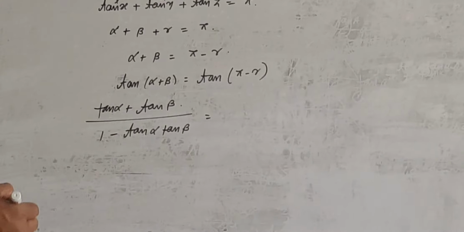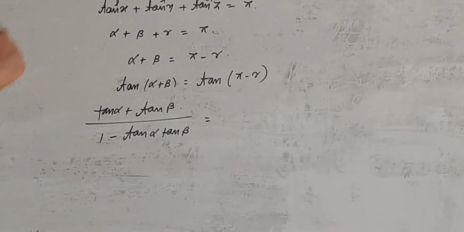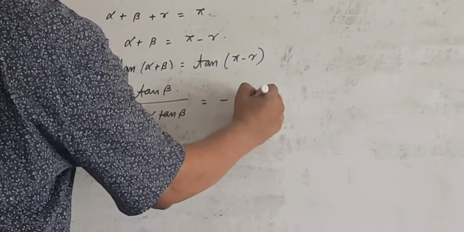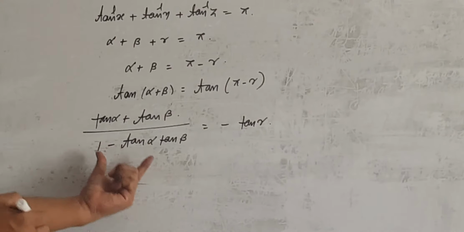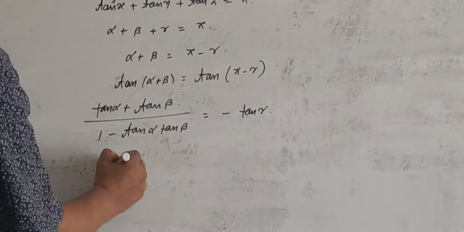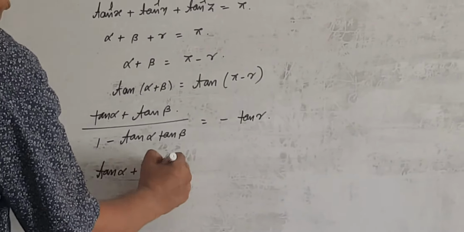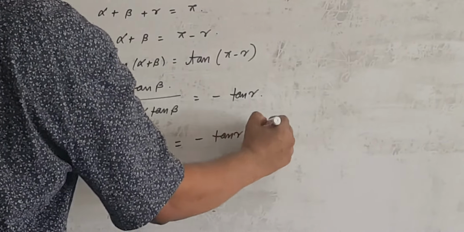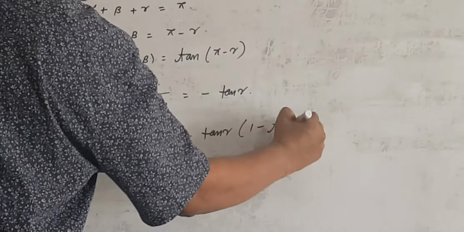See, tan of (pi minus gamma): pi minus means second quadrant, tan is negative, so it should be minus tan gamma. We take the denominator to that side, so it will be like this. Therefore, tan alpha plus tan beta is equal to minus tan gamma in bracket (1 minus tan alpha tan beta).